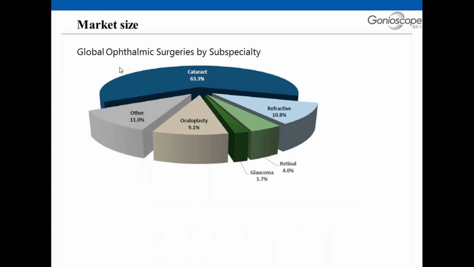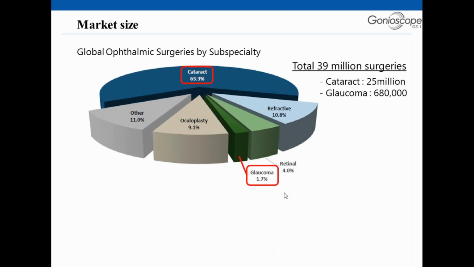However, when you look at the whole ophthalmic surgery market, about 60% are cataract surgery and only 1.7% are for glaucoma surgery. And here's the number of surgeries in 2016.